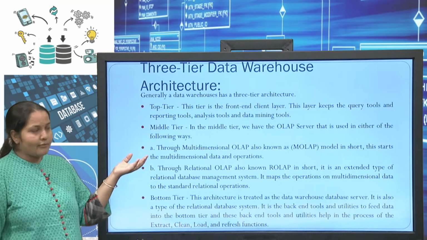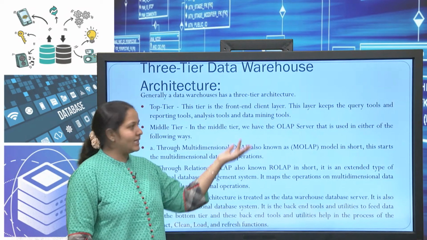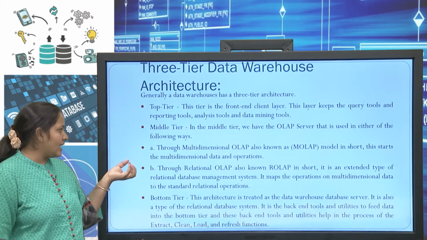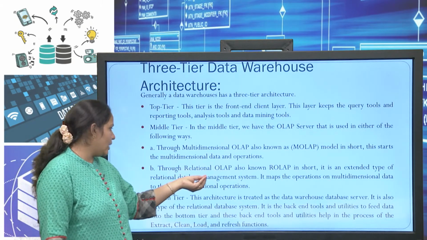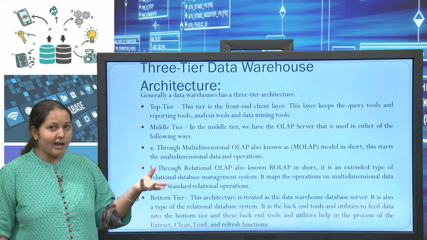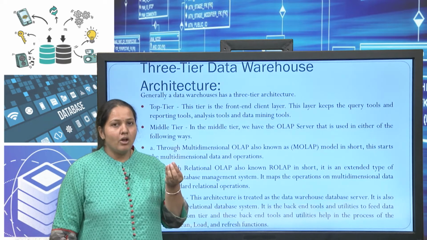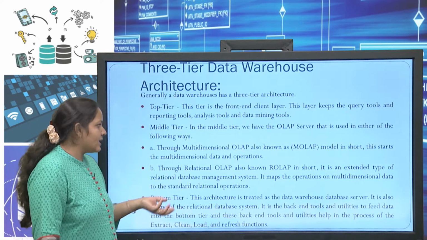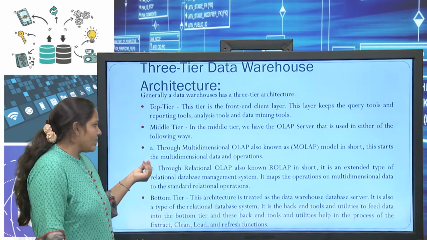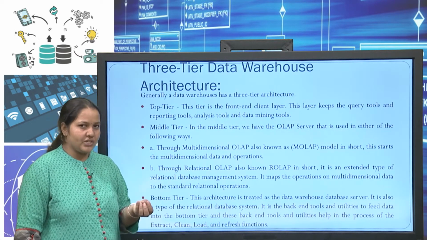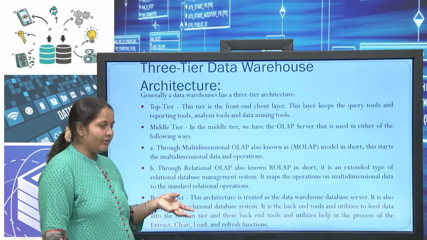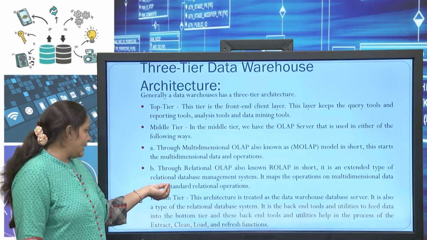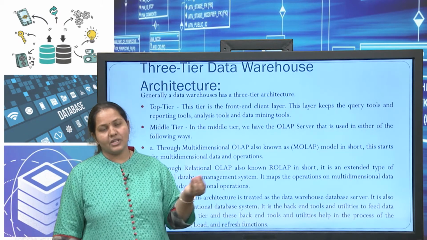Now, the middle tier, what is its responsibility? This is the OLAP server, which is used to make multi-dimensional OLAP (MOLAP), relational OLAP (ROLAP), or hybrid OLAP (HOLAP). Now, what is online analytical processing? MOLAP means the multi-dimensional data operations you have defined at that level, and relational OLAP means you are mapping your data or operations in standard relational operations.